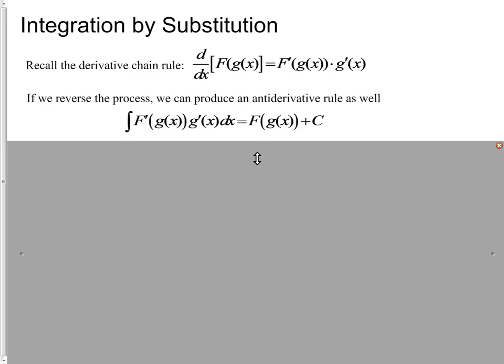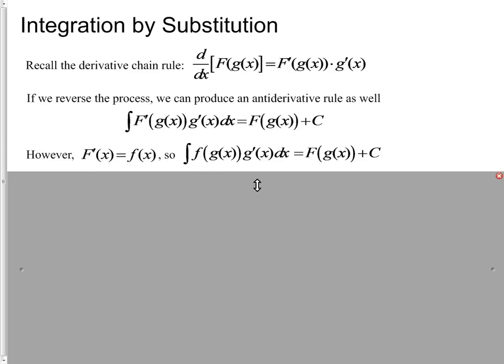Well, in this particular case, we can make an observation. Recall that when we first defined our antiderivative, we said that capital F prime of x would be f of x. So in our case, we're stating that f of g of x times g prime of x dx has an antiderivative of capital F of g of x plus c.